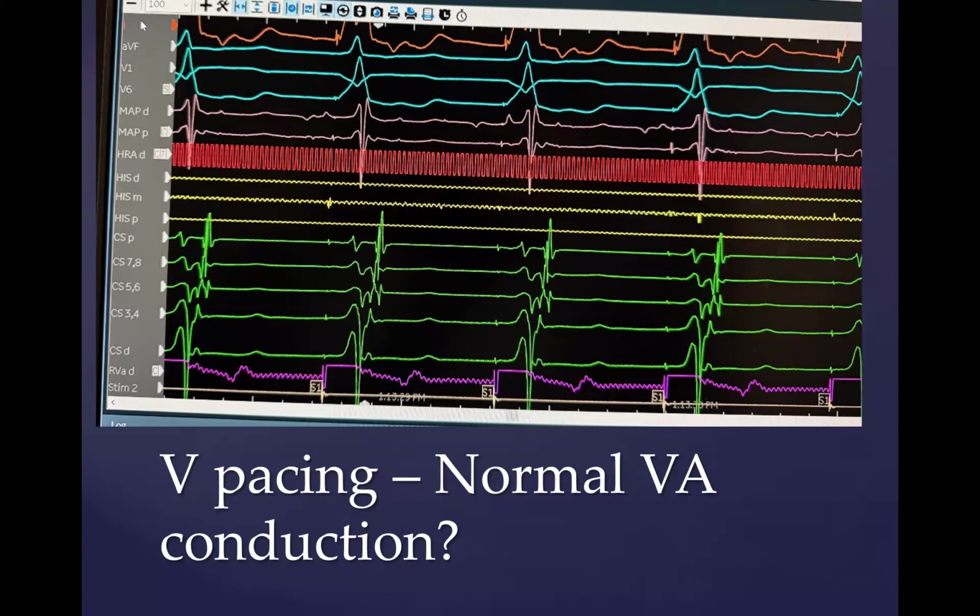Where is the medial mitral annulus? By the CS proximal. Right, and so CS proximal is near the crux of the heart. So it's sort of in the center of the heart, whereas CS distal is very lateral, right? So anything CS distal is going to be lateral mitral annulus versus the proximal CS.